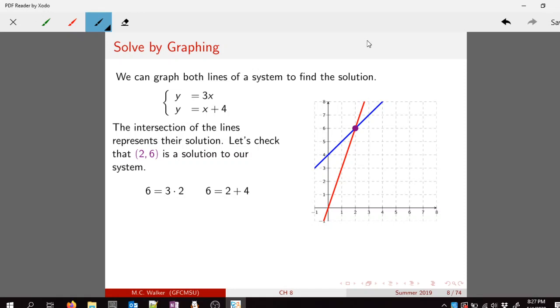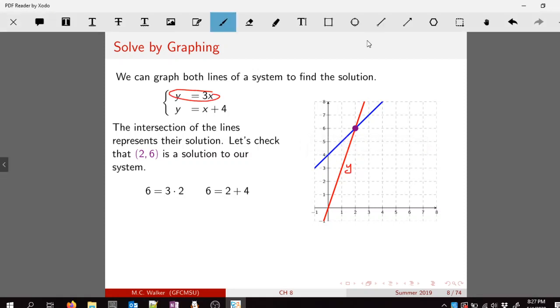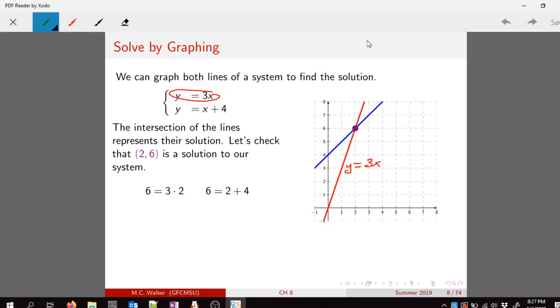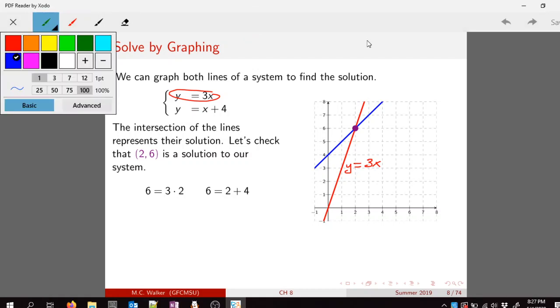And we can also solve these equations by graphing them. I can take the line y is equal to 3x right here, graph it, and I get this red line. Then I can go ahead and graph y is equal to x plus 4.